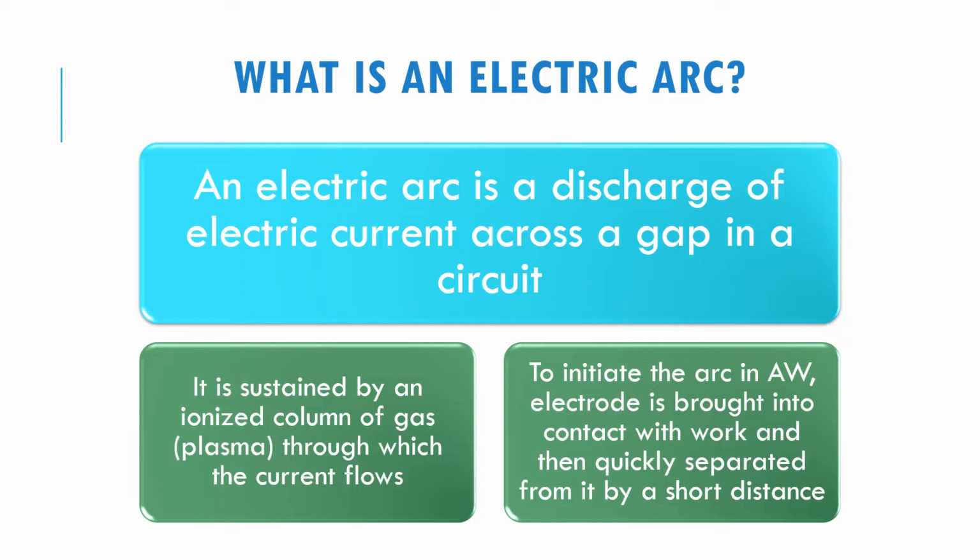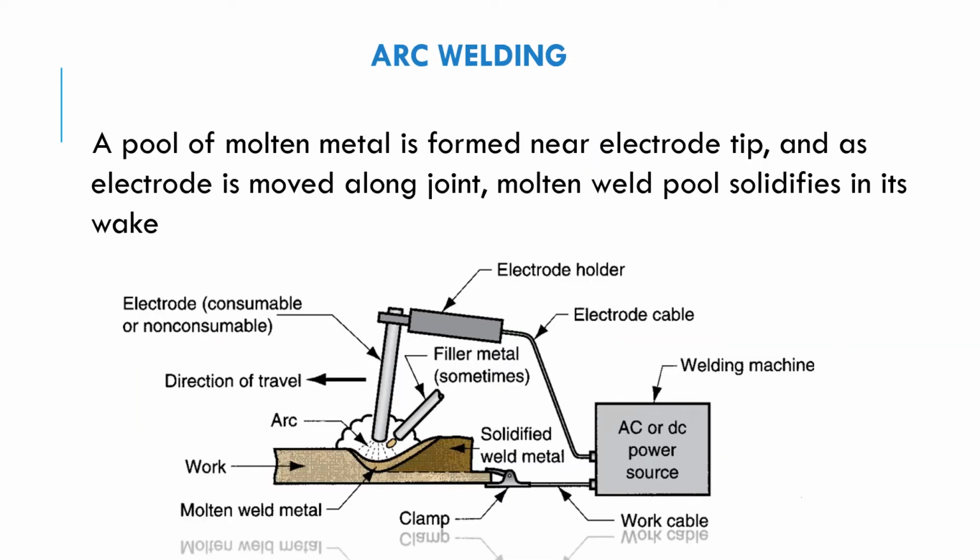If you remember the arc welding process that you already did in the workshop, that's how the electric arc is performed. First you touch the electrode to the work material and then put a little bit of distance between the electrode and the work material.